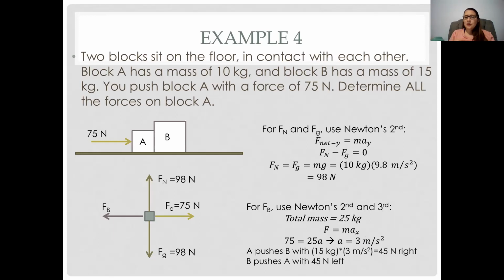So its force is 45 newtons. So that means block B is pushing block A with 45 newtons to the left, while block A is pushing block B with 45 newtons to the right. So we'll draw that into our free body diagram, and now we have a completed free body diagram.